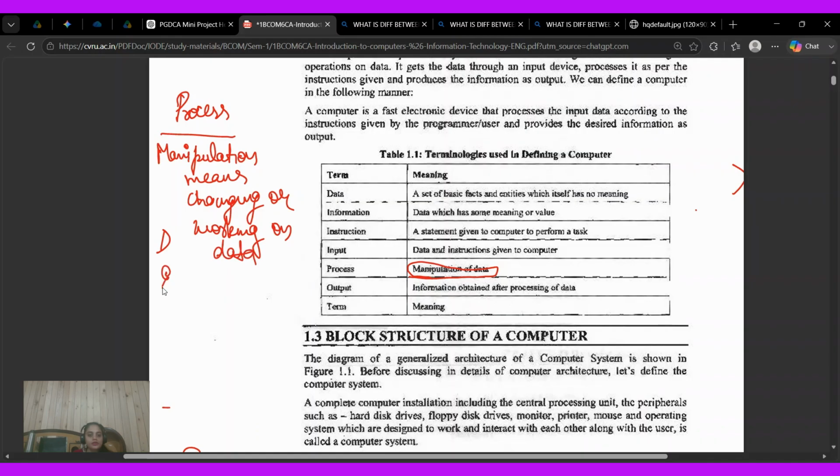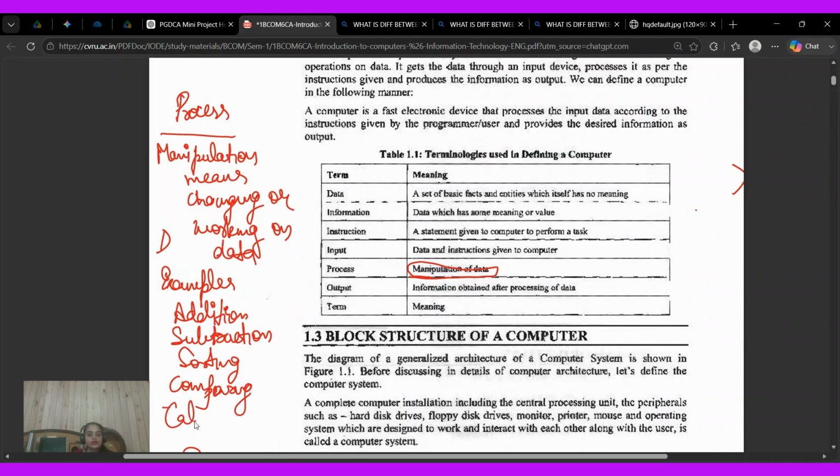Examples are addition, subtraction, sorting, comparing, calculating. Sorting means arranging in layers. These are all examples of processing.